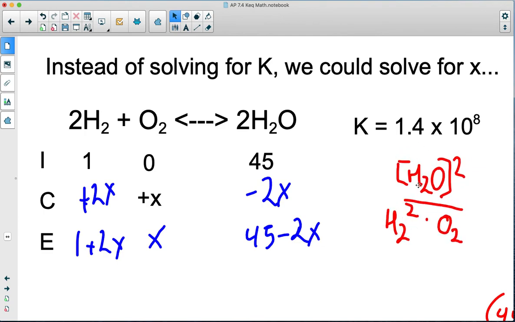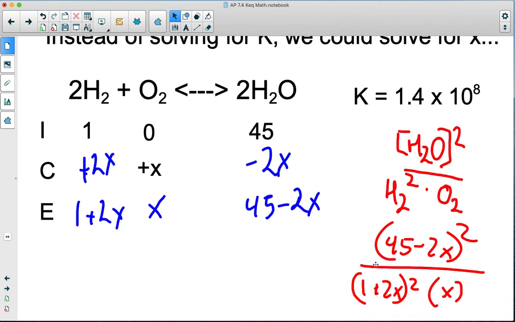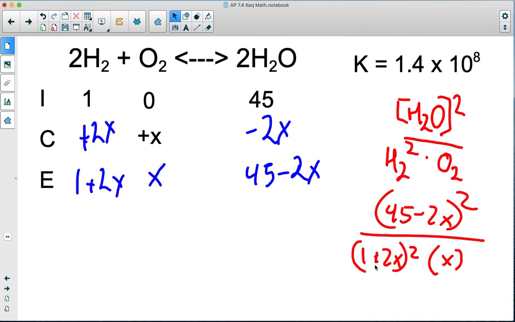Here's my equilibrium expression: H2O concentration squared over H2 concentration squared times O2. If I plug these in here, it's going to equal 1.4 times 10 to the 8th. And here is me doing that: 45 minus 2x, over 1 plus 2x squared times x. All of that equals numerically 1.4 times 10 to the 8th.